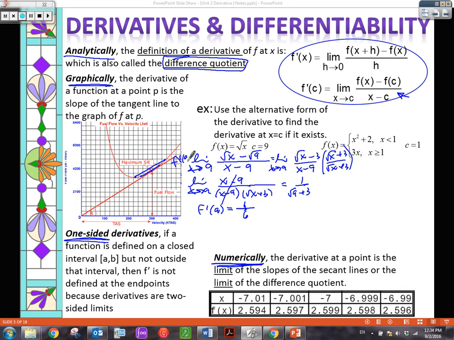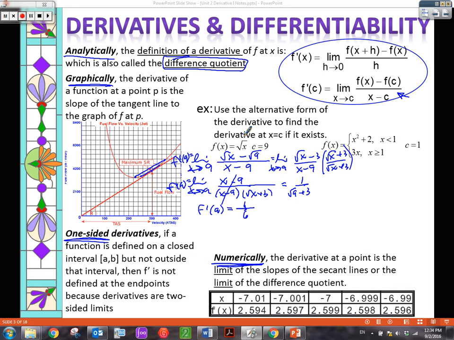This is f prime of 9. If you want to put the derivative notation outside there, f prime of 9 is the first derivative of that function at 9. So basically the derivative exists at 9. That's what it's telling us. And we know the value. The value is 1/6. Okay, is that okay?